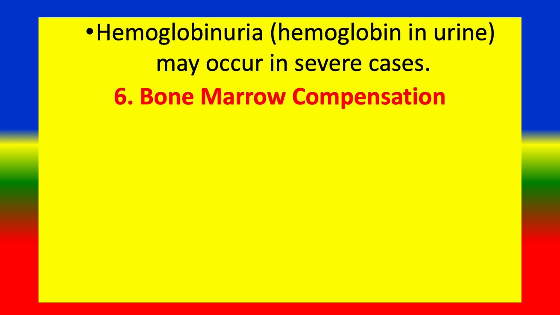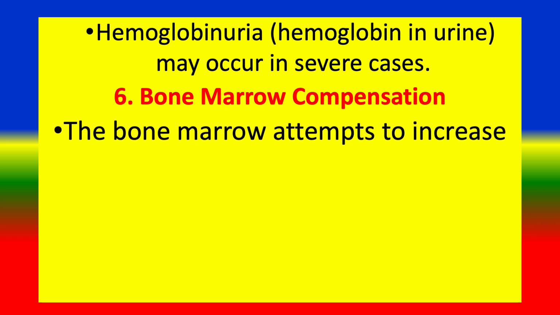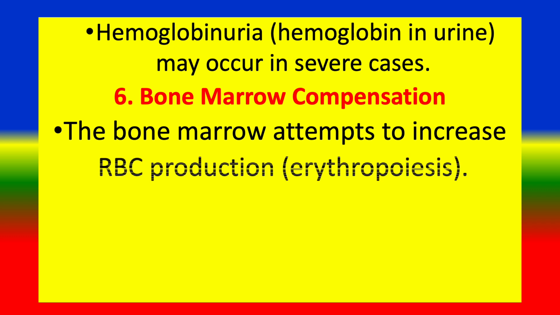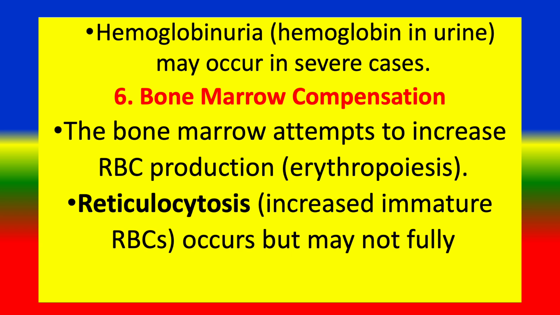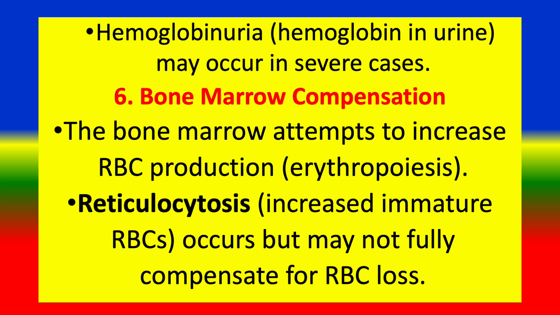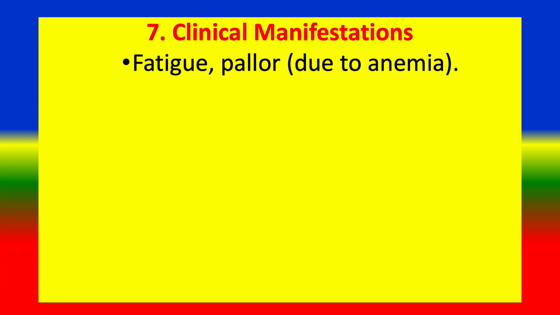6. Bone marrow compensation. The bone marrow attempts to increase RBC production. Reticulocytosis, increased immature RBCs, occurs but may not fully compensate for RBC loss. 7.